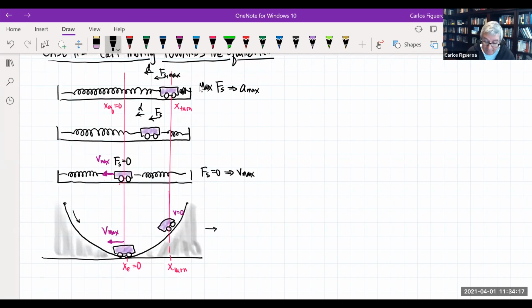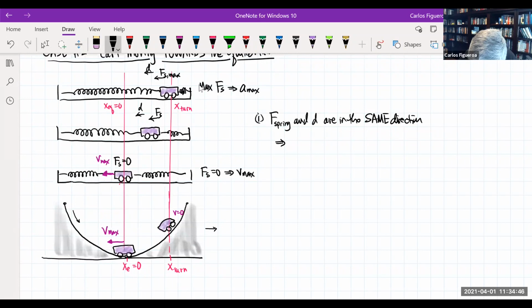So let's make some remarks and then start to look at this. In a very analogous way to what we did before, the first thing I would say here is that the spring force and displacement are in the same direction.